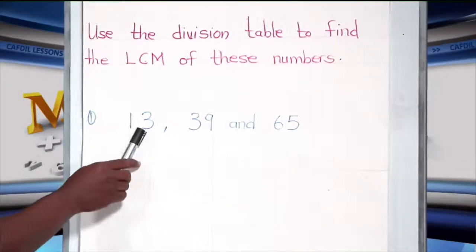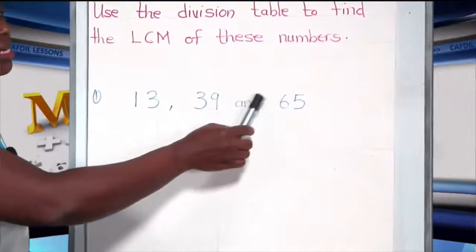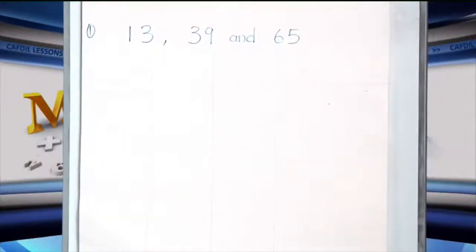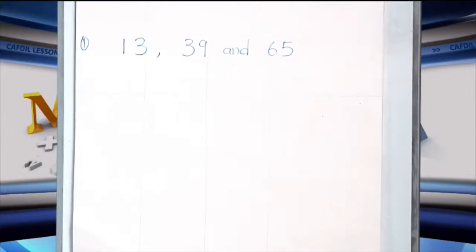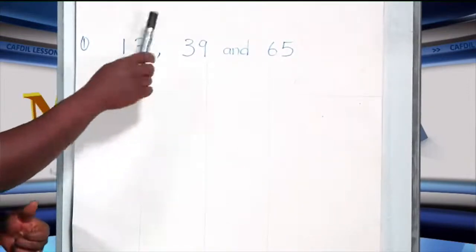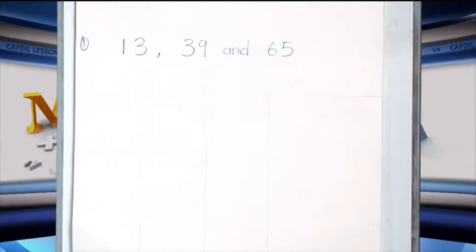Now, we have 13, 39, and then 65. We want to find the LCM, the least common multiple of these numbers. Which number should we use?